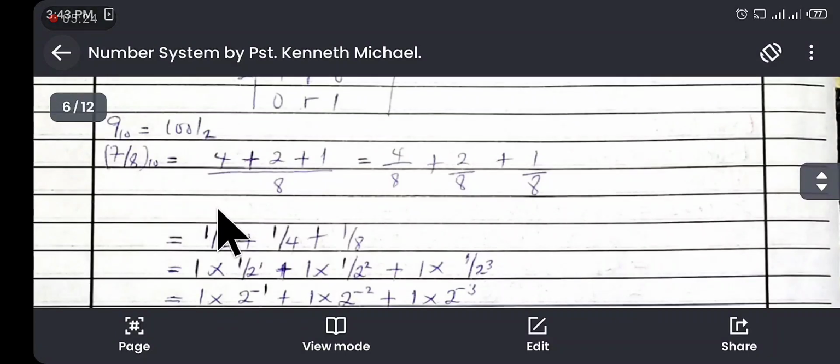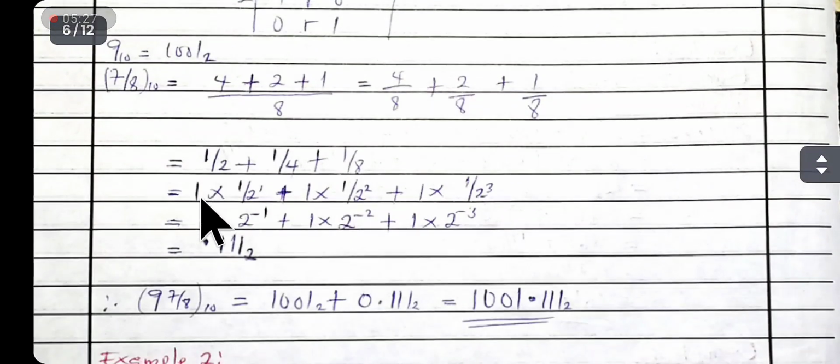1 is the same thing as 1 times 1 over 2 raised to power 1, which is the same thing as 2 raised to power minus 1. Why is it? I told us before that whenever you have minus 1 like this, it means 1 all over. So if you are writing this in power, this is what you'll get.